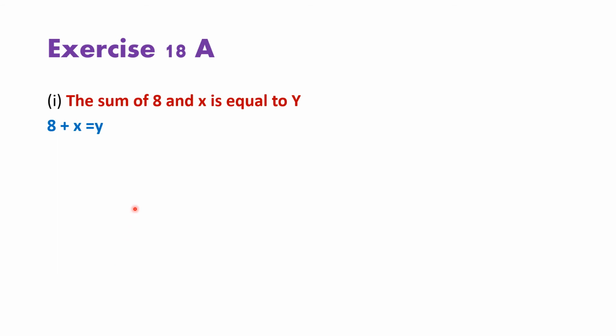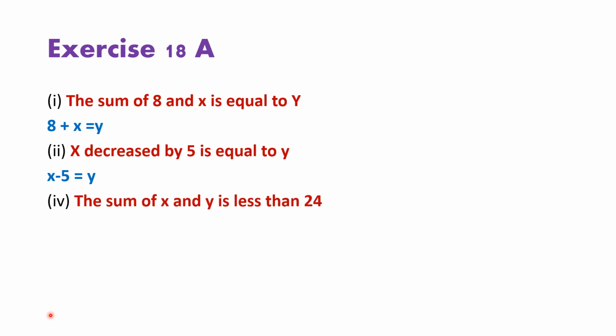Let us take another example. x decreased by 5 is equal to y. Decrease means you have to minus. So x decreased by how much? 5. So x minus 5 is equal to y.